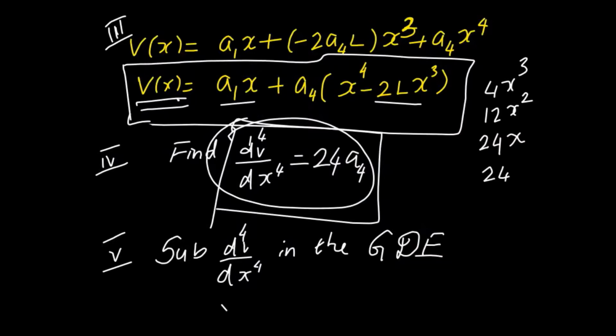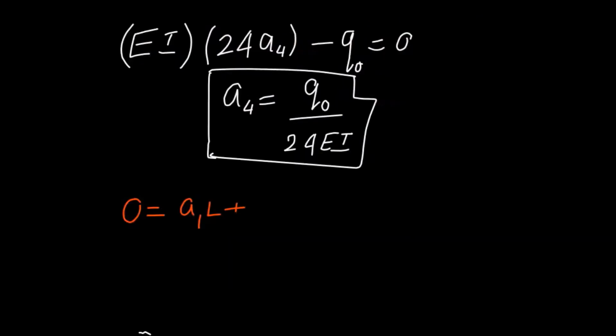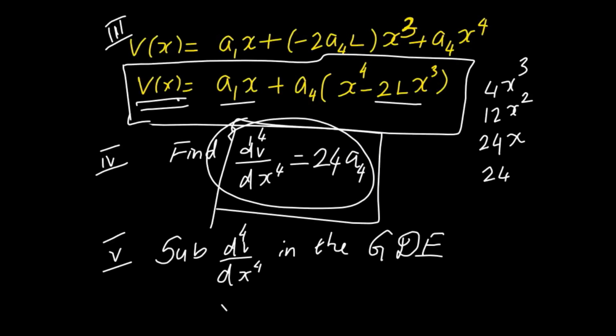So it is a4 into x raised to the power 4. No, it is not x raised to the power 4, because we are talking about the location x equal to l. So it is l raised to the power 4 minus 2lx cubed.